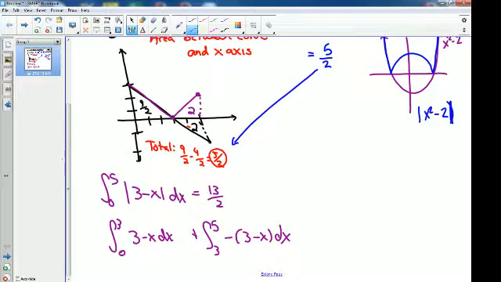It's just the opposite. The original function is negative here. What's a negative times a negative? That gives you the positive. So, again, not very hard. You just have to know what to do. And then you have two integrals to calculate the same way we did the first one.